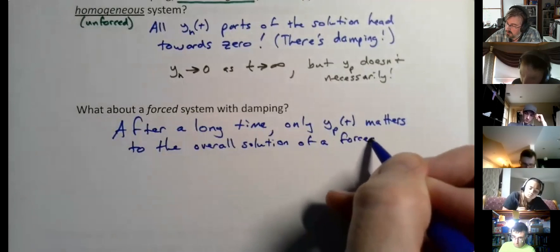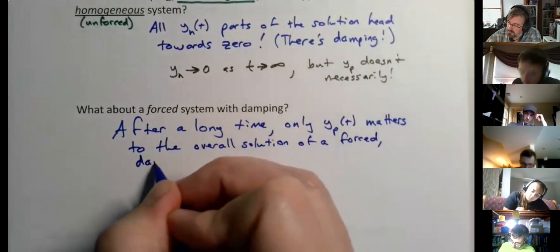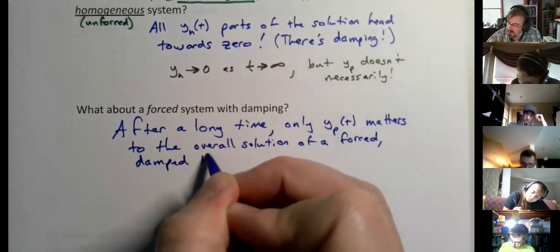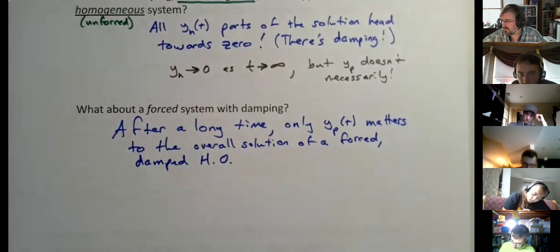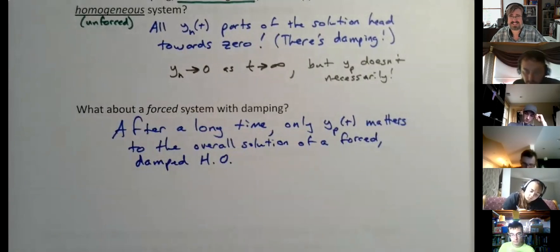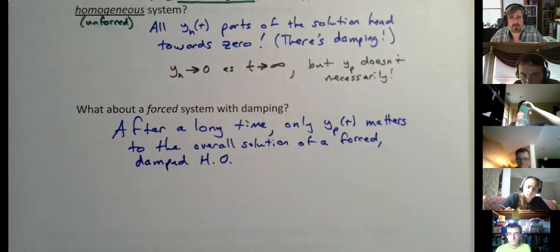Of a forced, damped harmonic oscillator. And there's language that gets used around this that sometimes seems a little strange, but it makes sense if you consider the fact that it's language that's been around for 100+ years, and so it sounds a little old-fashioned.